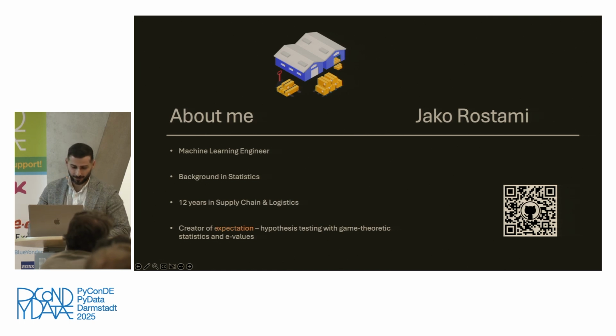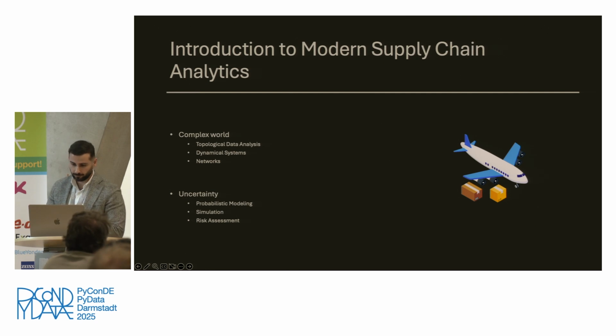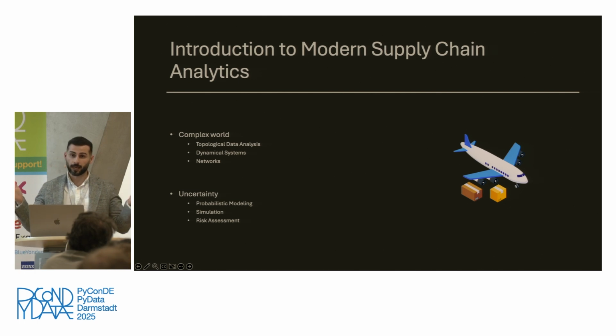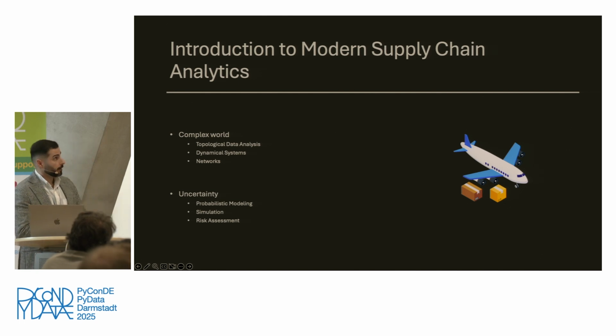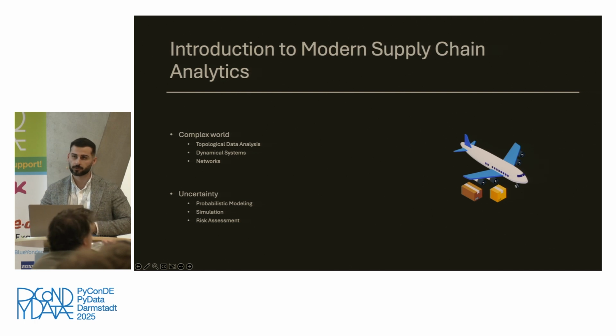All right, first an introduction to modern supply chain analytics. Two things I want to point out is we work in a complex world, an extremely complex world. The complexities arise from economic effects. It arises from political effects. We see the most recent one is the tariffs from the Trump administration in the US.